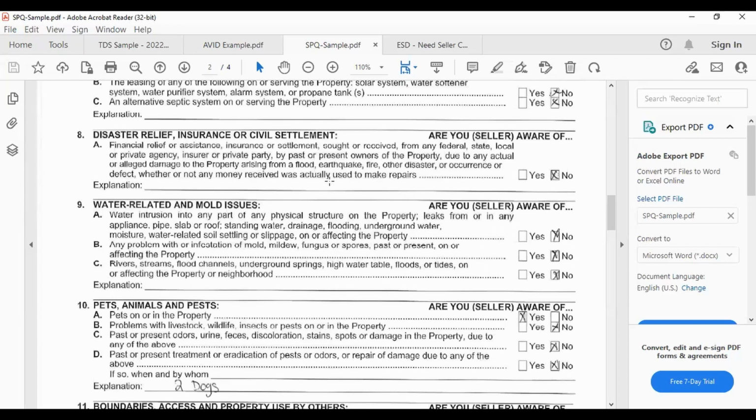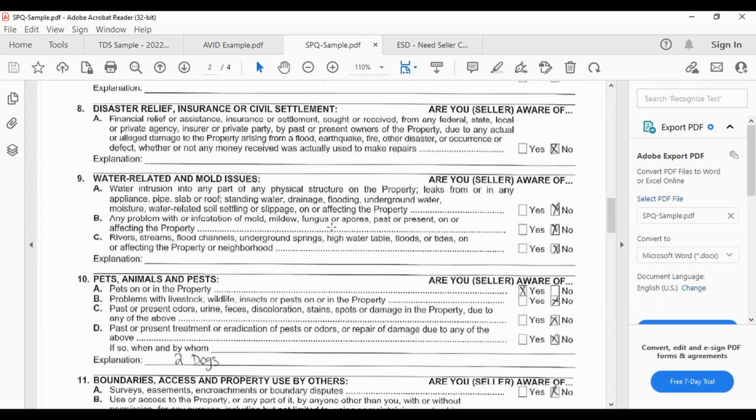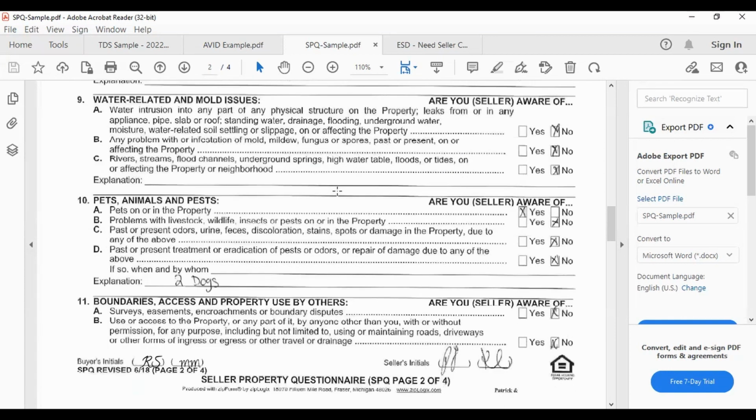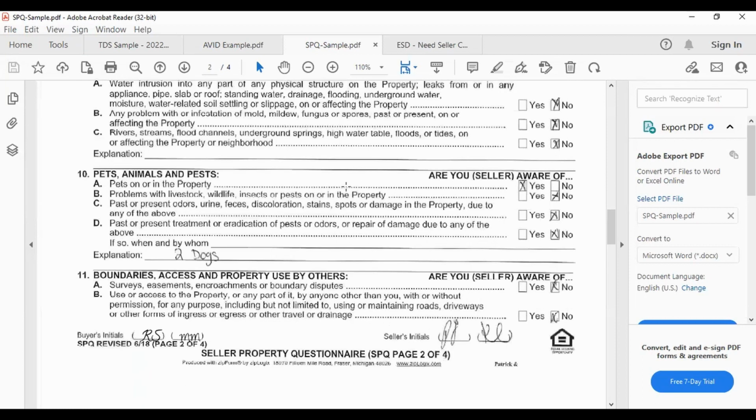If the seller had any kind of insurance claims or anything against the property, there was a fire in the kitchen, a flood in the bathroom or something like that, insurance was involved, more than likely the buyer's insurance company is going to catch it, because it seems to be all tied into one national system where they're going to see if there was a claim. So pretending it didn't happen, or just not saying anything, it was fixed, let them figure it out for themselves. No, disclose, disclose, disclose.